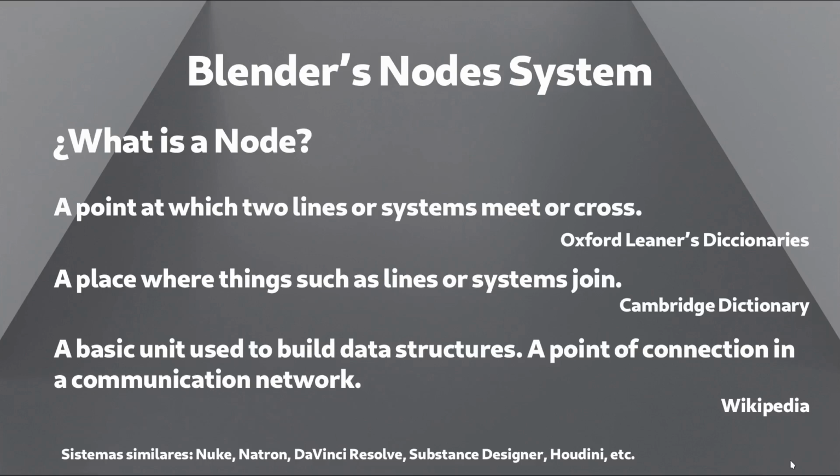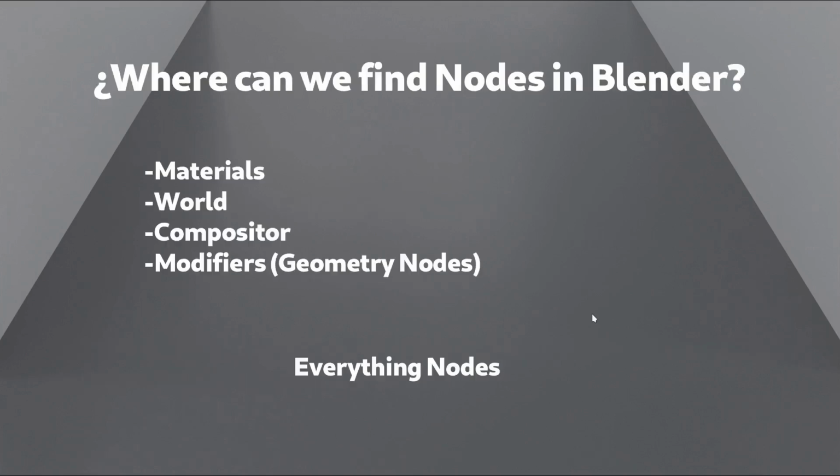There are some applications, some software used for post-production, texturing, visual effects, like Nuke, Natron, DaVinci Resolve, the System Designer, Houdini, that are node-based like Blender. Where can we find nodes in Blender?